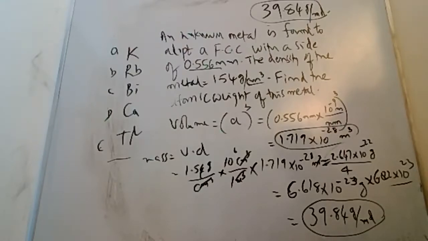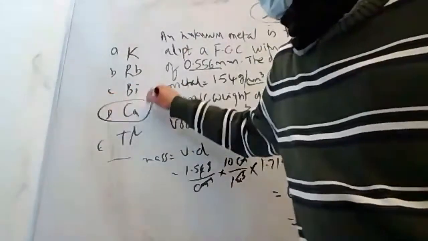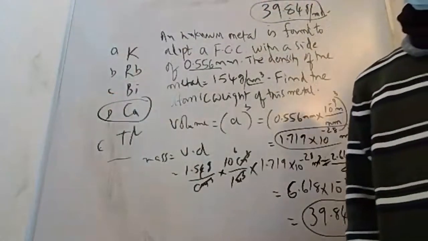What is the atomic weight? Oh, 39. What's the atomic weight of calcium? It's 40. So this one is closer to 40 than 39. So the answer should be D, calcium.